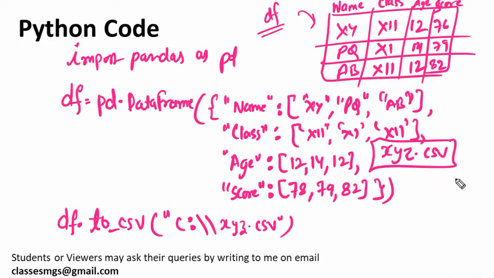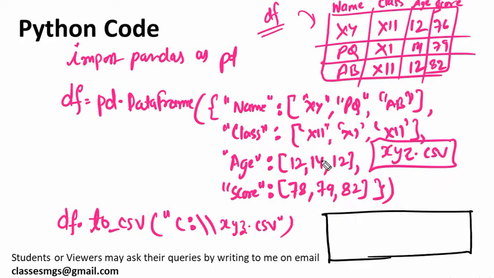Okay, and it will automatically create a CSV file for you. Okay, and this CSV file will look like this, by default comma separated: name, class, age, score.